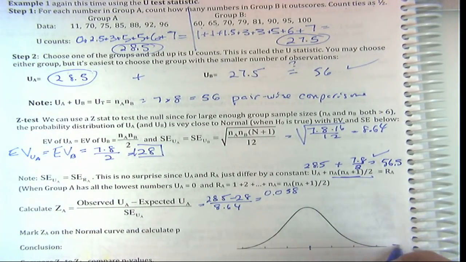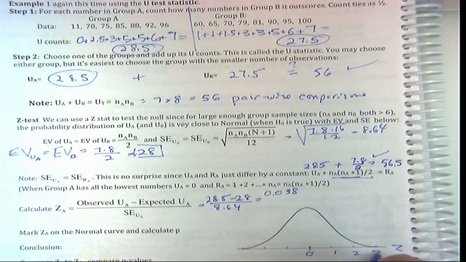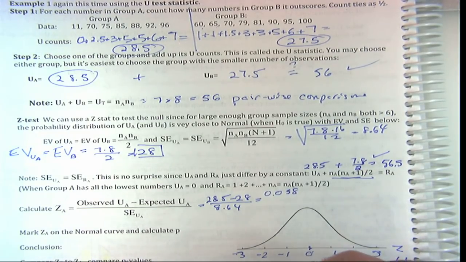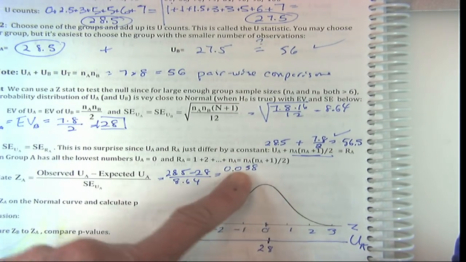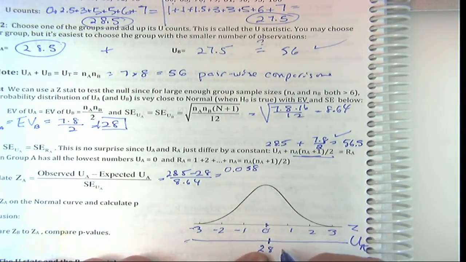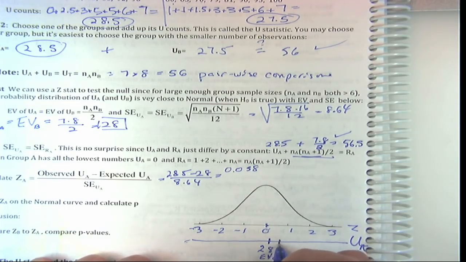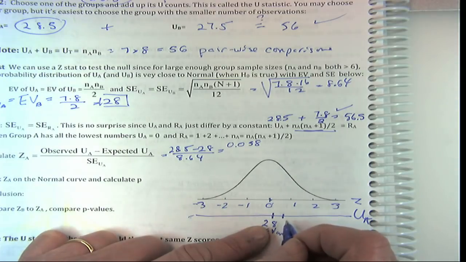All right, so we can mark it here. Here we have a z. And as a U statistic, right in the middle is half the matches, which is 7 times 8 over 2, and we got 28. So 28.5 is observed. Here's our expected value of UA. Our observed is just 0.5 away.